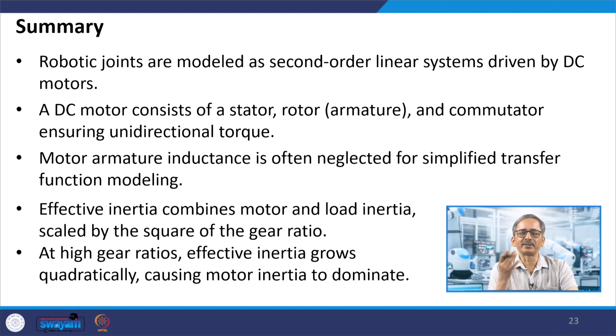Those who have studied Laplace transfer functions can appreciate this in a much better way. What is the role of neglecting the armature inductance? Then the effective inertia combines motor and load inertia scaled by the square of the gear ratio, which we have also seen, and with high gear ratio the effective inertia grows quadratically, causing motor inertia to dominate.